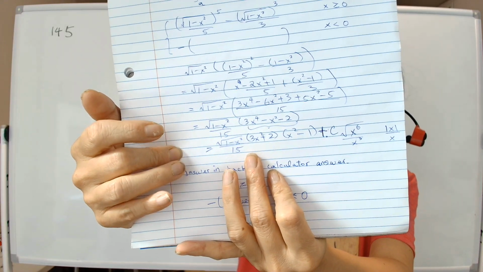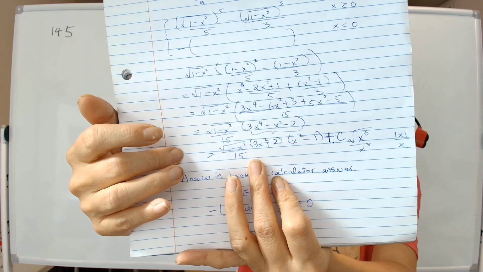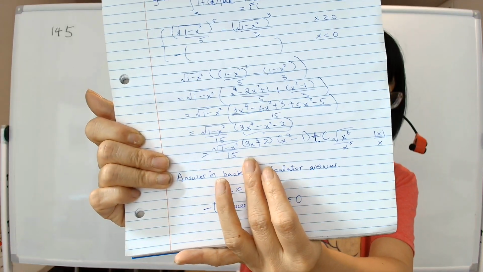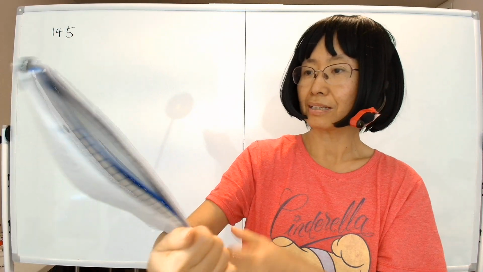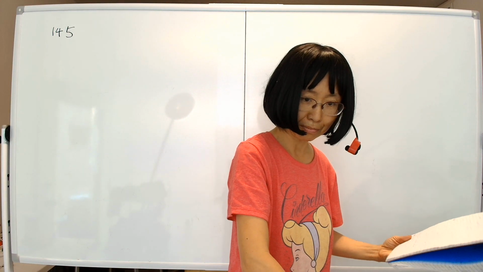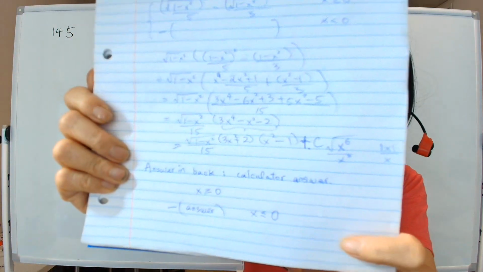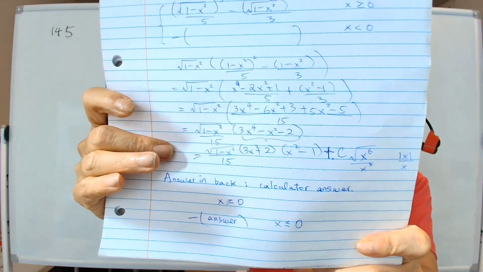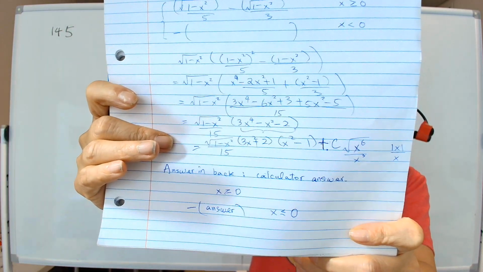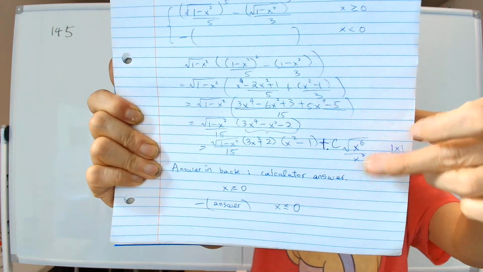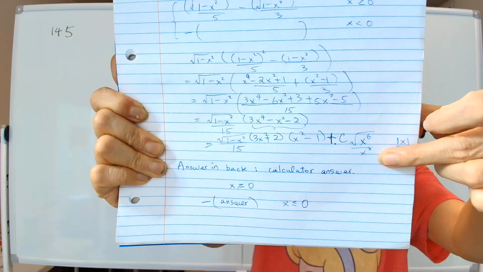It is identical to the back of the book with one exception. The back of the book, is this 145? Give me a second, did I show you the wrong problem? It's right, never mind. Anyway, so there's the answer, except that if you look at the problem on the back, you will notice that they have multiplied another square root of 6 over x cubed.